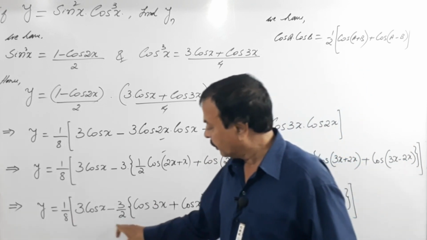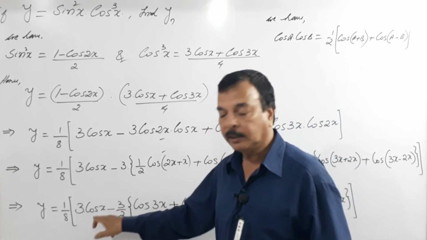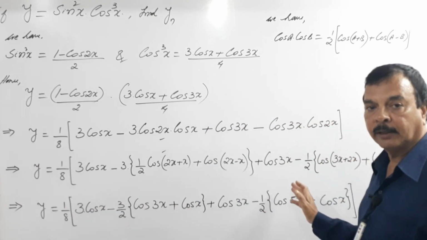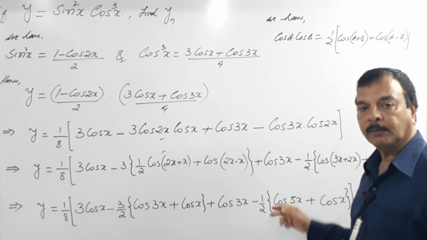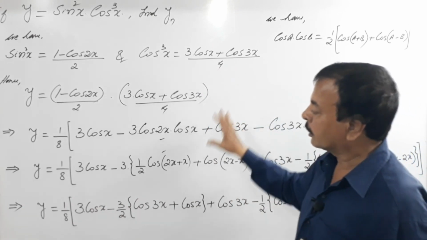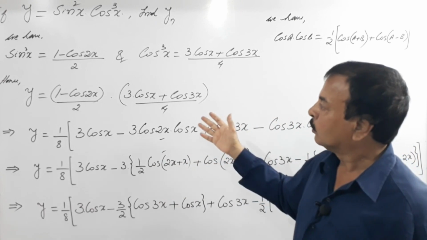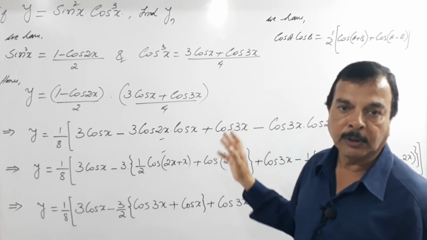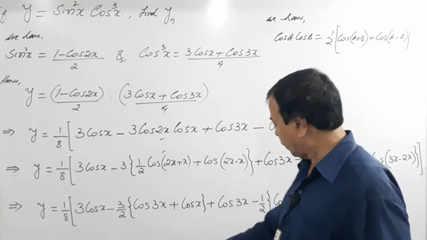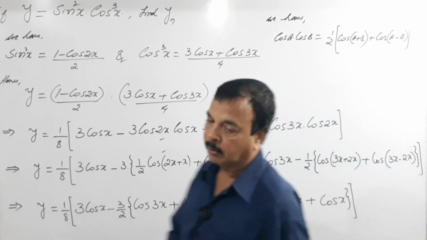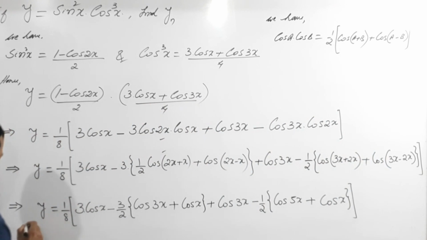You have to take the LCM here first. Take the LCM here also and then multiply. Without taking LCM, if you do the problem, it is wrong. Up till here, the examiner may give you 2 marks. If the question carries 6 marks, he may give you 2 to 3 marks, not more than that. So be careful while solving this step. This step is very important.